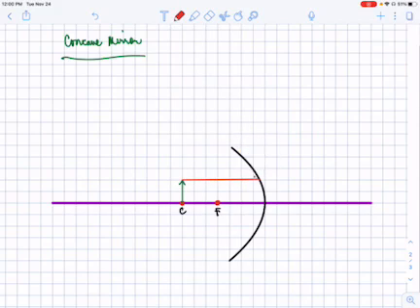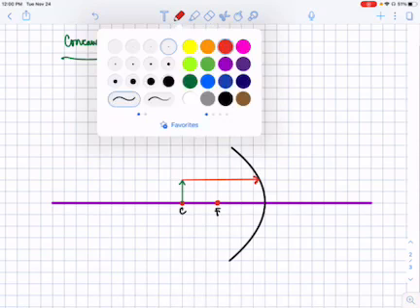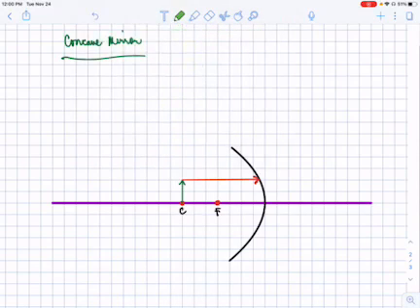Then we've learned that it will pass through... This ray is an incident ray. It is reflected now so that it goes through the focus. So we may change the color if we want to. There. So that's the reflected ray.